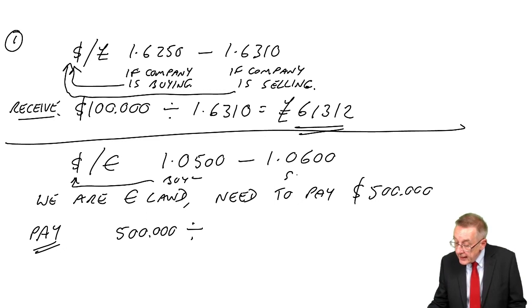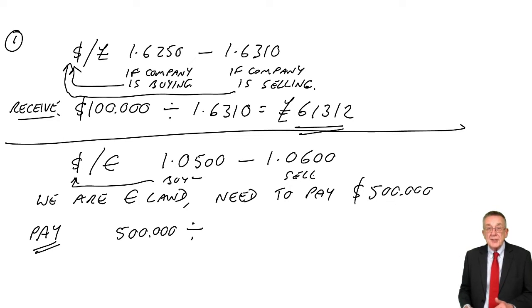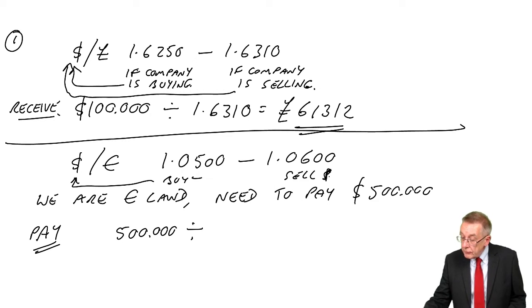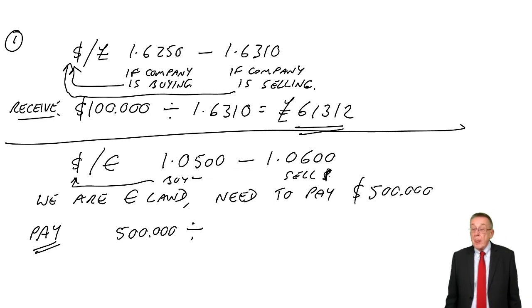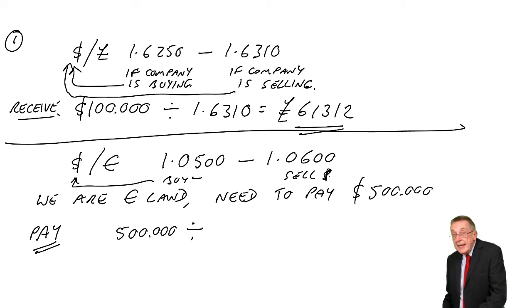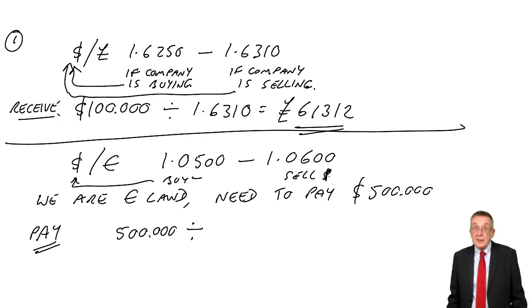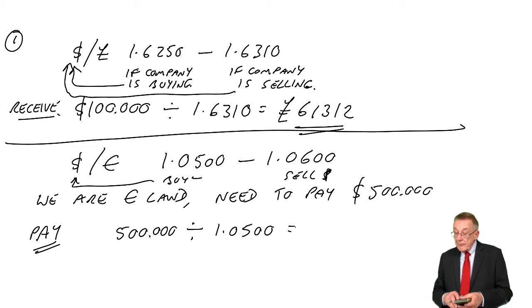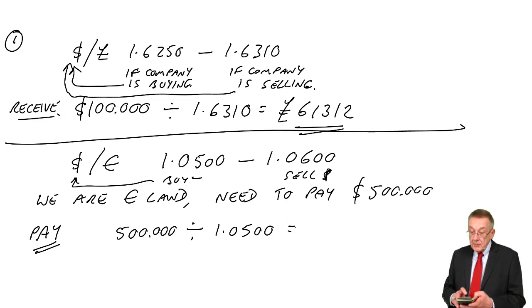It's the second rate if the company, I'm not talking about banks buy and sell rates, if the company is selling the first currency, dollars, it's the second rate. Which way around is it here? Since we're going to have to pay dollars, we need to buy dollars from the bank. We'll use the first rate. And it'll come to how much?